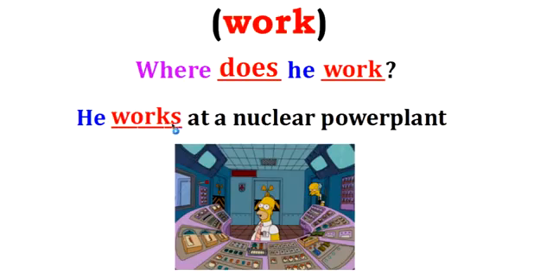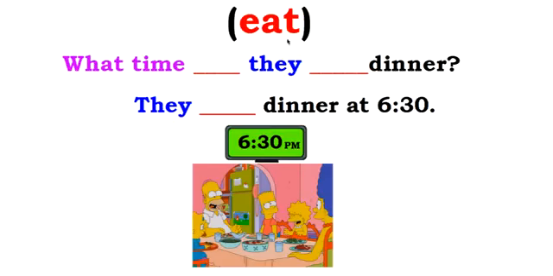And remember the conjugation S for the subject he, third person conjugation. Very good. For the verb eat, what time do they eat dinner? What time do they eat dinner? And the answer, they eat dinner at 6:30. Very good.